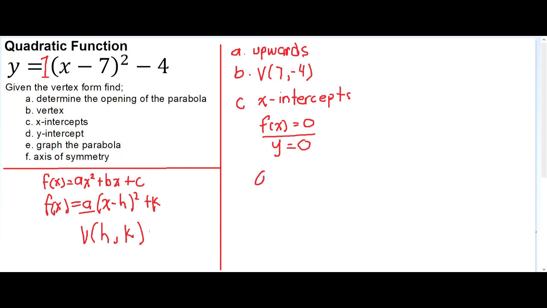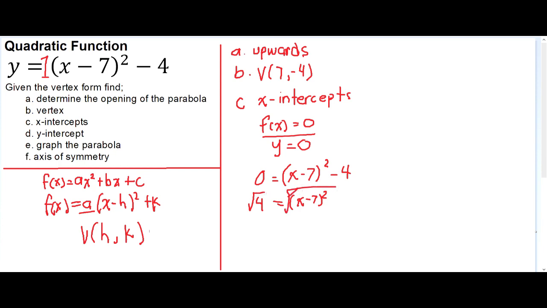So, meron kang 0 is equal now to x minus 7 square minus 4. Now, transpose yung negative 4 sa kabila. Meron kang 4 is equal now to x minus 7 square. Since yung value na x ang hinahanap natin, make a way para mahanap mo yung value na x.